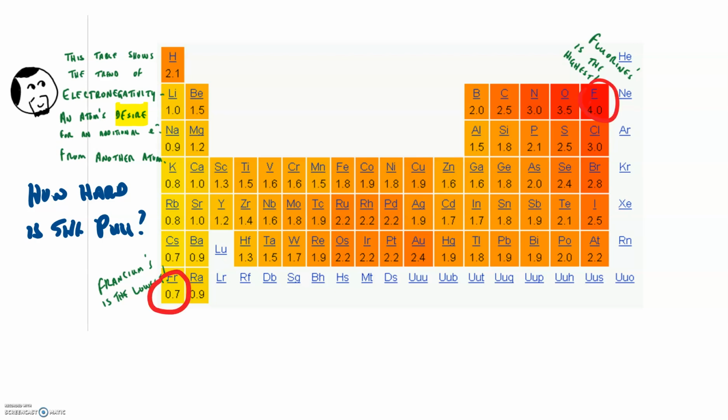Francium's is the lowest. We know that because we saw that in chapter 5. We're going to ignore the noble gases for now. So what determines whether a bond is covalent, where the electrons are shared, or if the bond is ionic and the electrons are stolen, is determined by the difference in electronegativity. We're going to call that by a slightly different name.